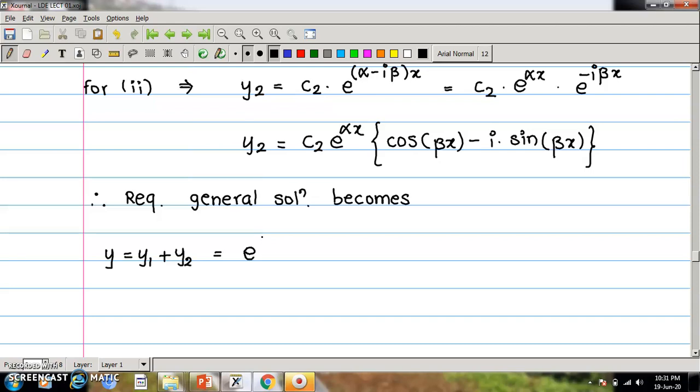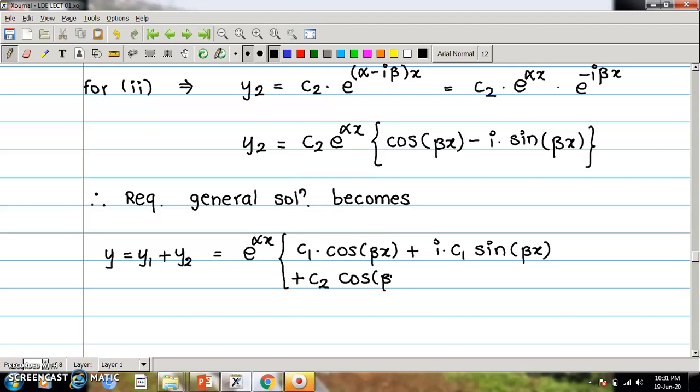If we take e raised to alpha x common from both, this will be c1 cos beta x plus i c1 sin beta x plus c2 cos beta x minus i c2 sin beta x.